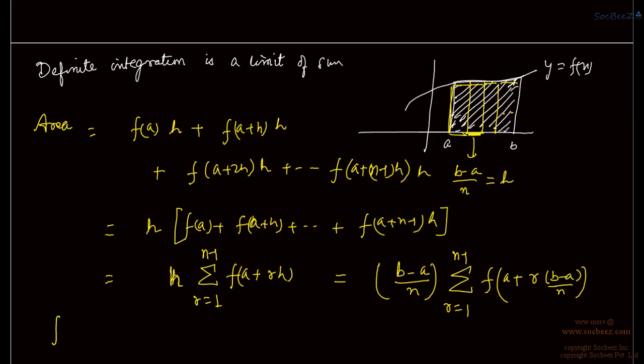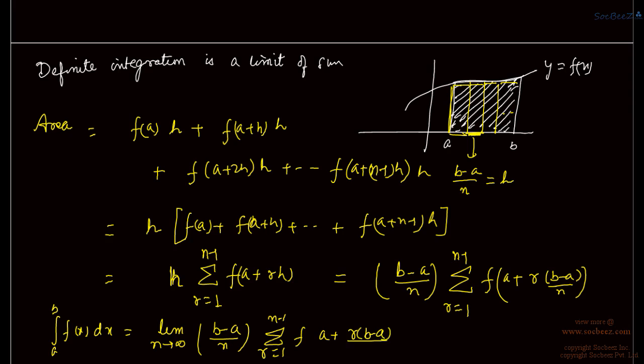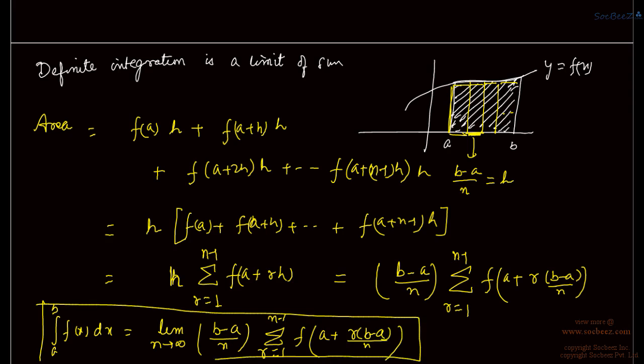So the value of the integral from a to b of f(x) dx can be written as the limit as n tends to infinity of (b minus a) upon n times the summation of f(a plus r into (b minus a) upon n). This summation will give the value of this integral. So this definite integration is also called a limit of sum.